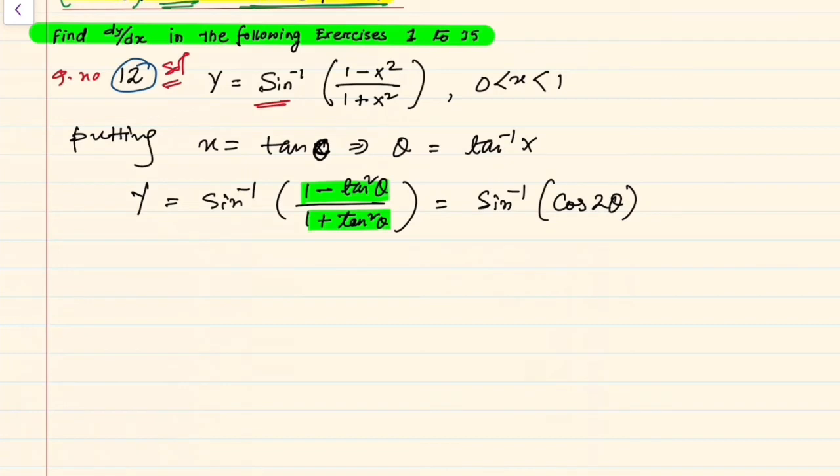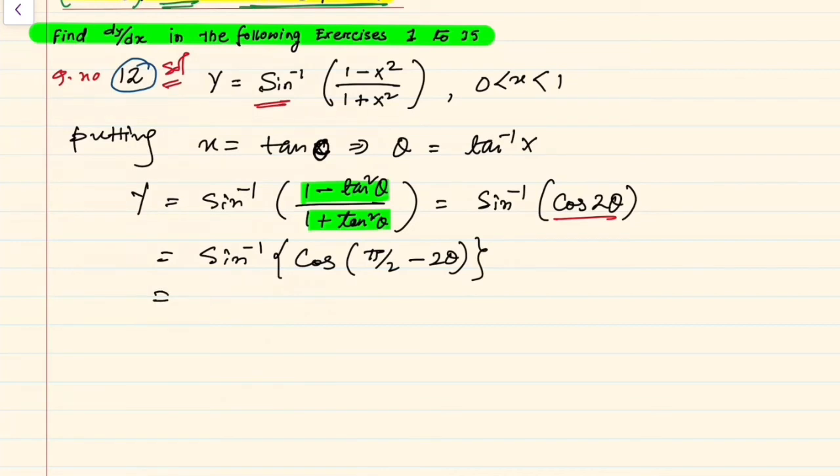So here you see, now cos 2 theta can be expressed in terms of sin theta. So if we do so, then we will get cos of pi by 2, that is 90, minus 2 theta.